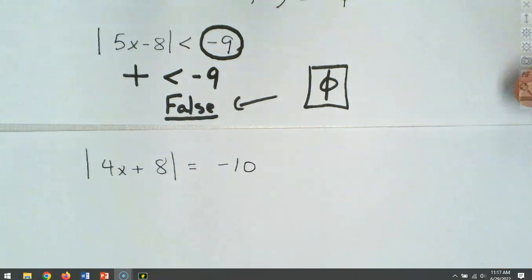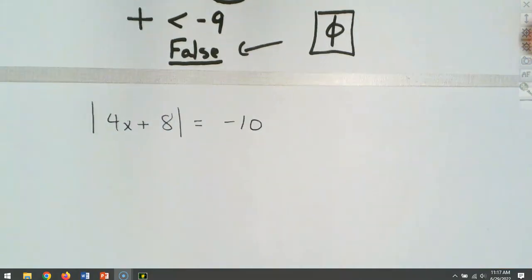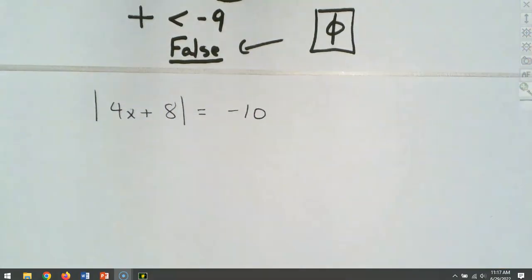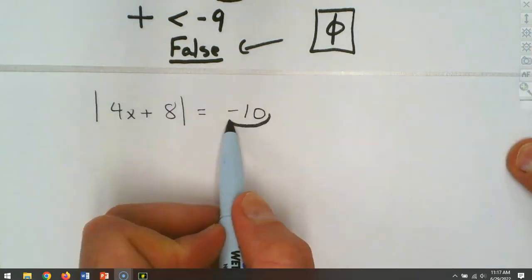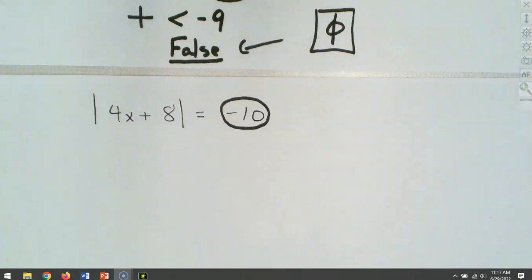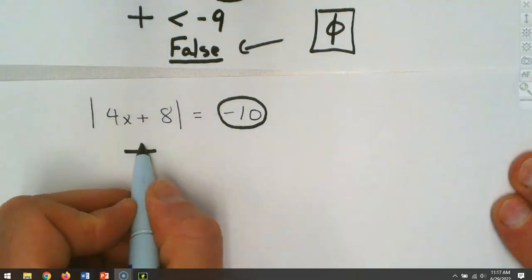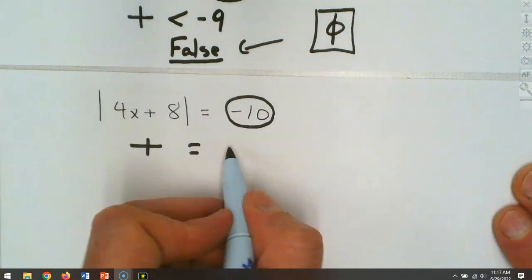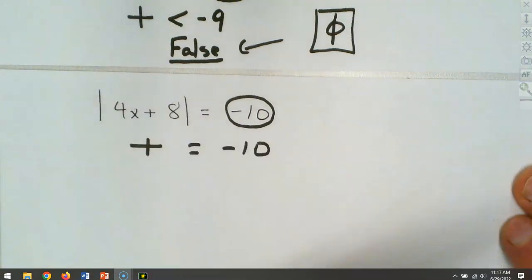Same thing with equals. We did an equals earlier today, right? Right when we came back from break, we looked at a negative equals. Let's look at this one again. So this one is a negative 10. Well, what do we know? Absolute values are positive. Can positive numbers ever equal a negative 10? Can that ever happen?